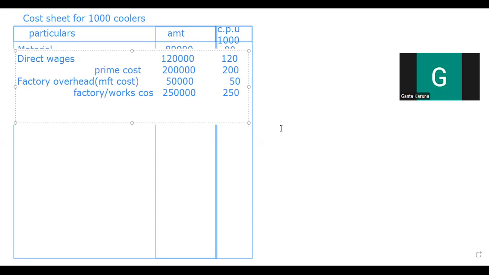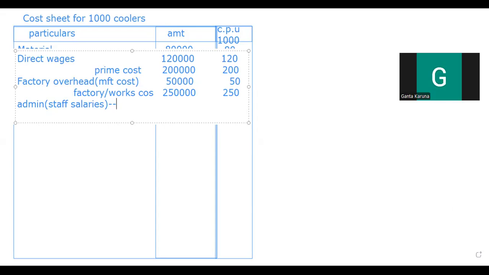Now to this one, I'm going to add my admin expenses, administration expenses. Admin expenses, what did he give? Staff salaries. Staff salaries, how much has he given us? Some 60,000, and he has also mentioned rent, rates, insurance, all these things. So what I'm going to do is put it into one column.